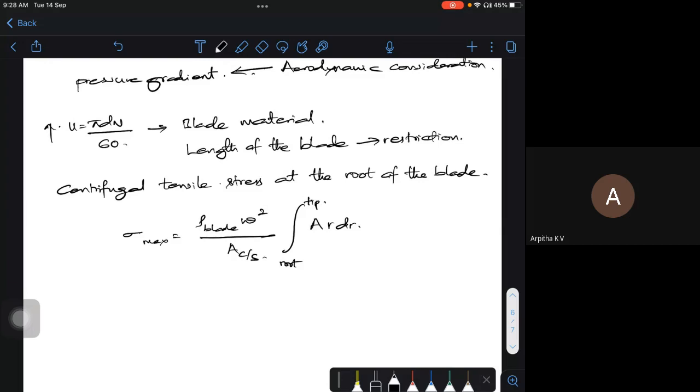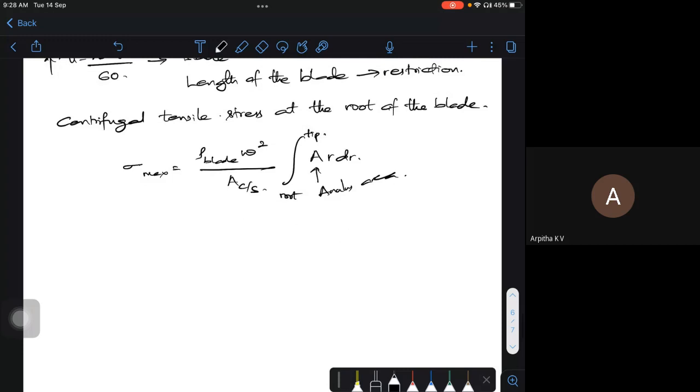Some books call this cross-sectional area the annulus area. What is this annulus area?